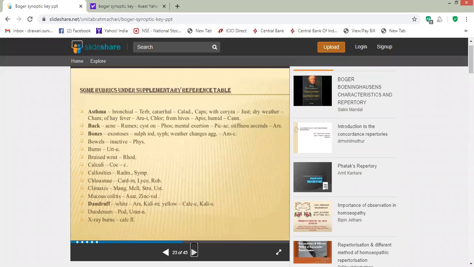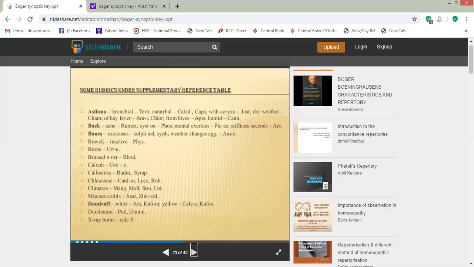So which medicines are given for different conditions or different situations of asthma, it is given with the indicated medicine. Then back: acne, cyst, on mental exertion, stiffness ascending, the medicines are given. Bones: exostosis, weather changes aggravation. So all the rubrics related to bone, asthma, and back are given.